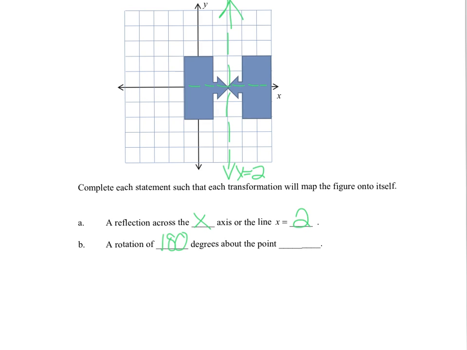Doesn't matter which direction I go, but it's going to be 180 degrees about this point at which they map, at which they share. So the important thing to know is that this point's got to map onto itself if it's going to map the figure onto itself. Therefore, the point's going to be at point 2, 0.